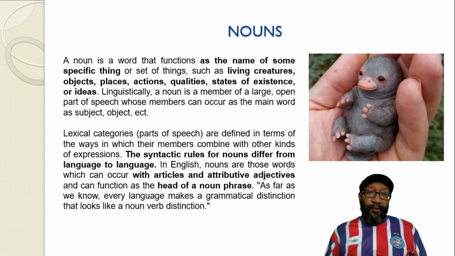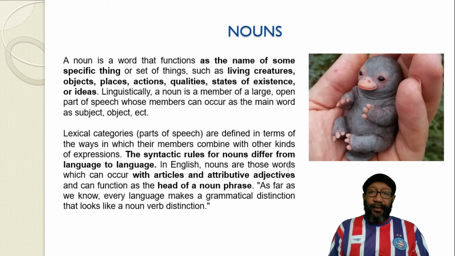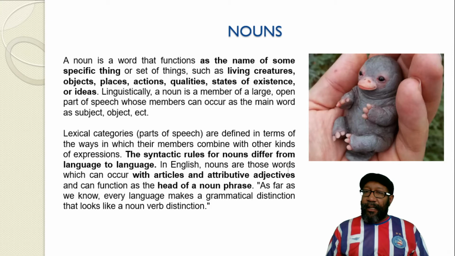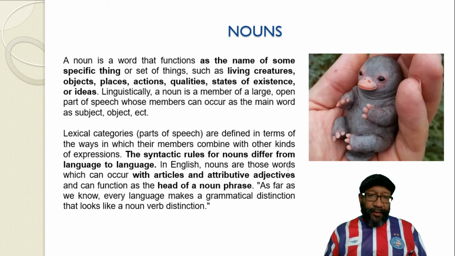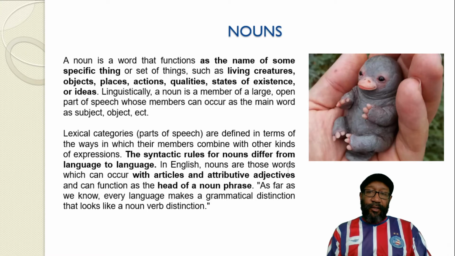It is a word that functions as the name of some specific thing or set of things, like living creatures, objects, places, actions, qualities, states of existence, or ideas. So, it covers a large number of elements.